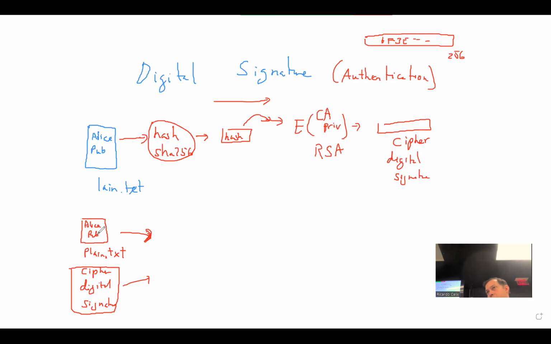So this is maybe to answer your question. Let's say a hacker hacks this website and they replace this file and call it Alice pub, and they provide a cipher and call it cipher digital sign for Alice pub, these two files, right? When you do these to check, is it going to verify?